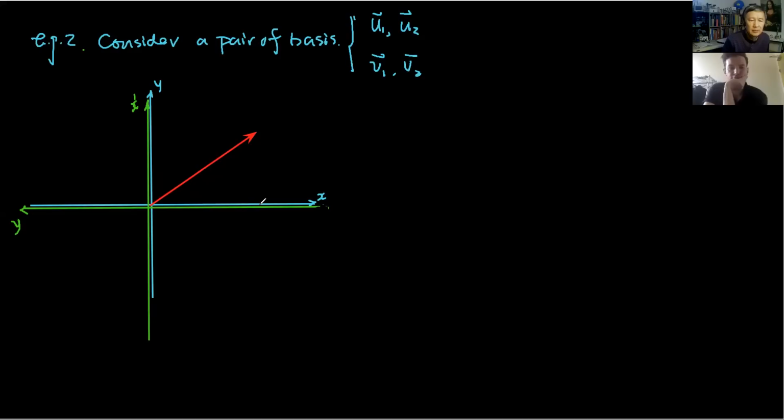Let me draw that properly: 3 units this way, and 2 units this way. The coordinates of this vector are 3 and 2, right?